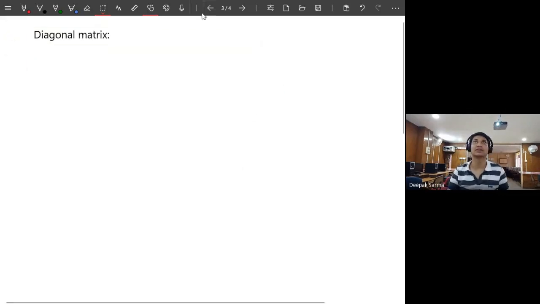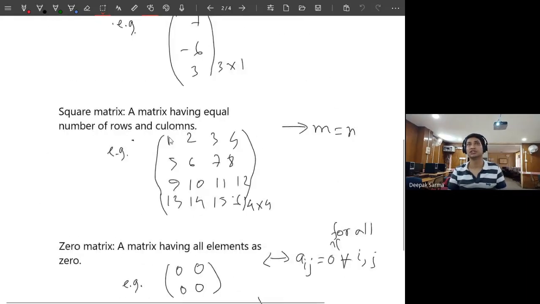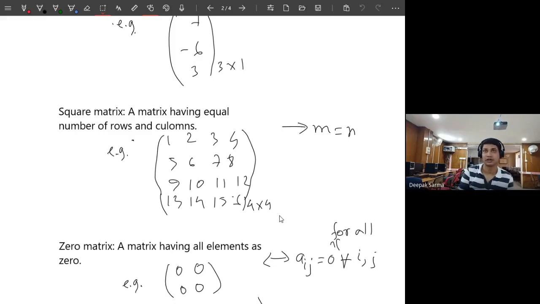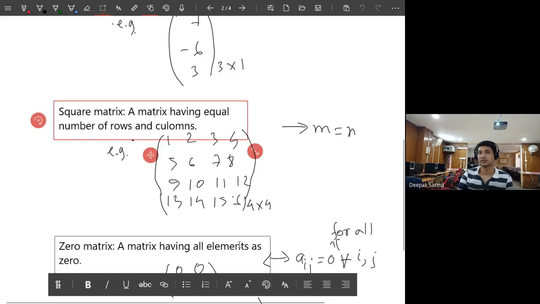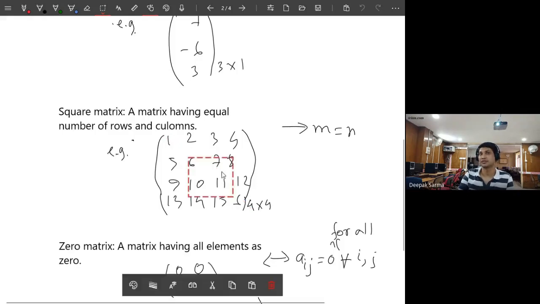So if I have a matrix, suppose, let me choose one. This one is a square matrix. So whenever I have a square, whatever is the shape, there will be a diagonal. Do you see the diagonal here? Yes. This one is a diagonal: 1, 6, 11 and 16.